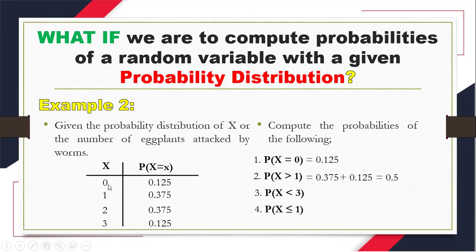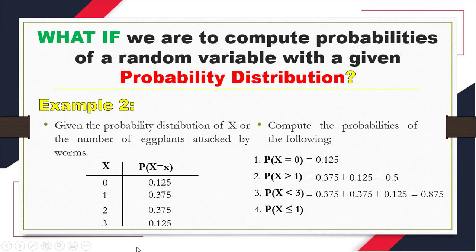The numbers less than 3 are 2, 1, and 0. So, the probability of X less than 3 is 0.375 plus 0.375 plus 0.125, which is equal to 0.875.